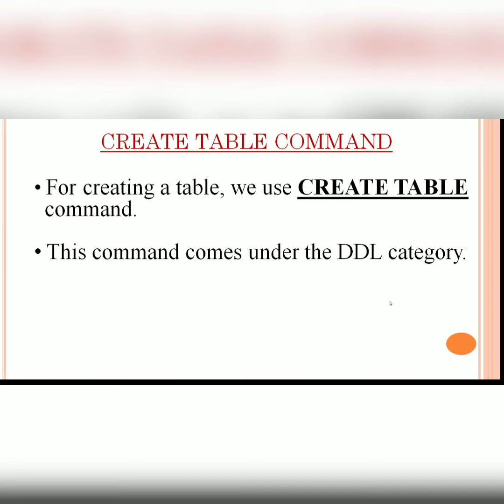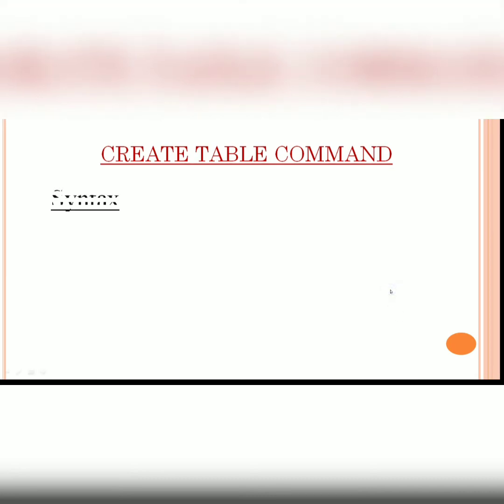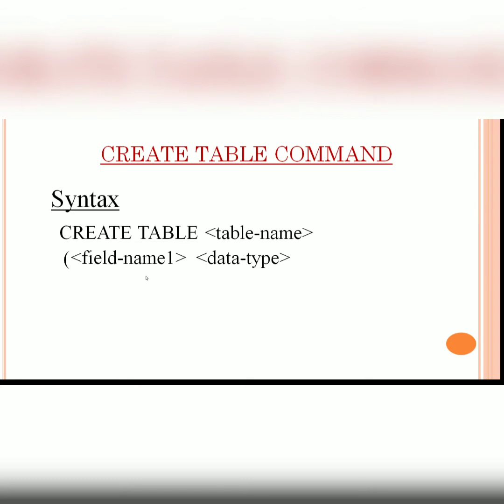For creating a table, we will follow a syntax. First we write the create table, then after we will write table name, then we will use the opening bracket. After that we will write the first field name along with the data type. Data type specifies the type of data which we want to store in a particular field.